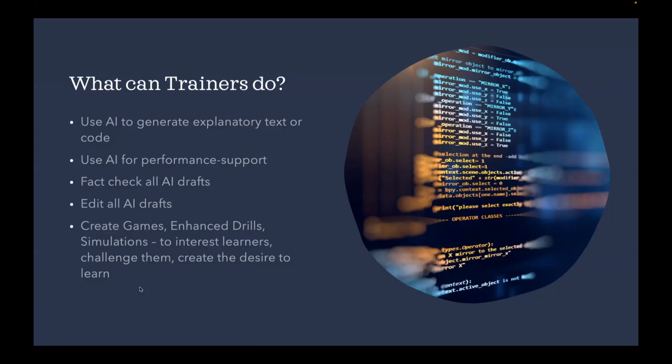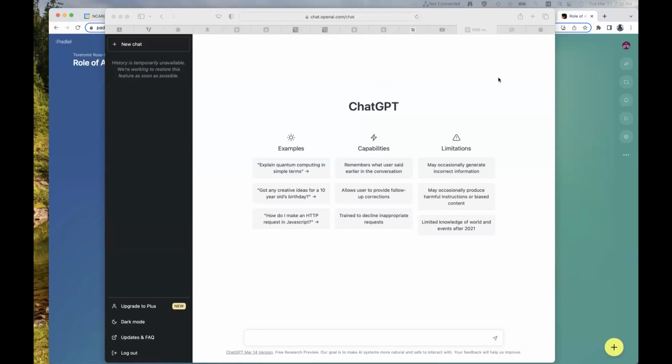Well, as you have noted, AI can be used to generate explanatory text or code. And I wanted to give you a very quick demonstration of how that may look. So this is the interface of ChatGPT for those of you who might not have seen it yet. And down here at the bottom, we can type pretty much any question that we would like.